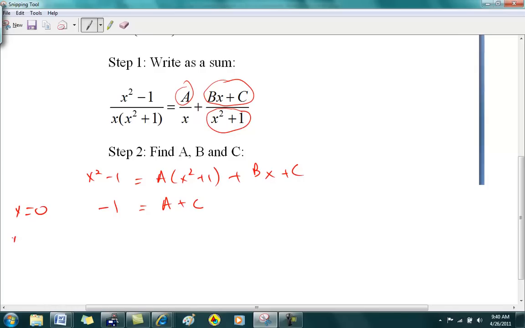If I put x equals minus 1, then I get a 0 on this side. What do I get on this side? I get 2a minus b plus c. Okay. And if I put x equals 1, notice I'm choosing some simple numbers here so that I can do the math. This gives me a 0 equals, this is going to be 2a plus b plus c. So you can see that there are 3 equations.